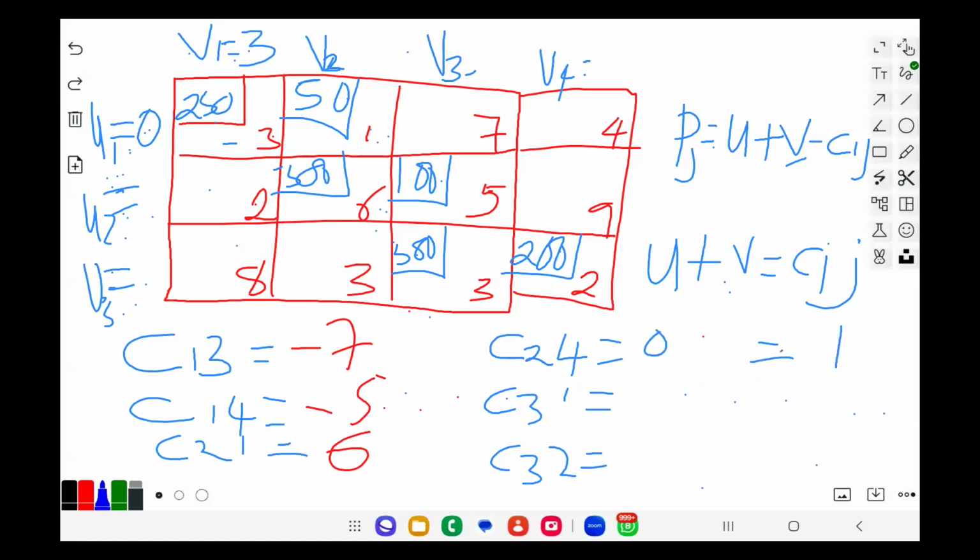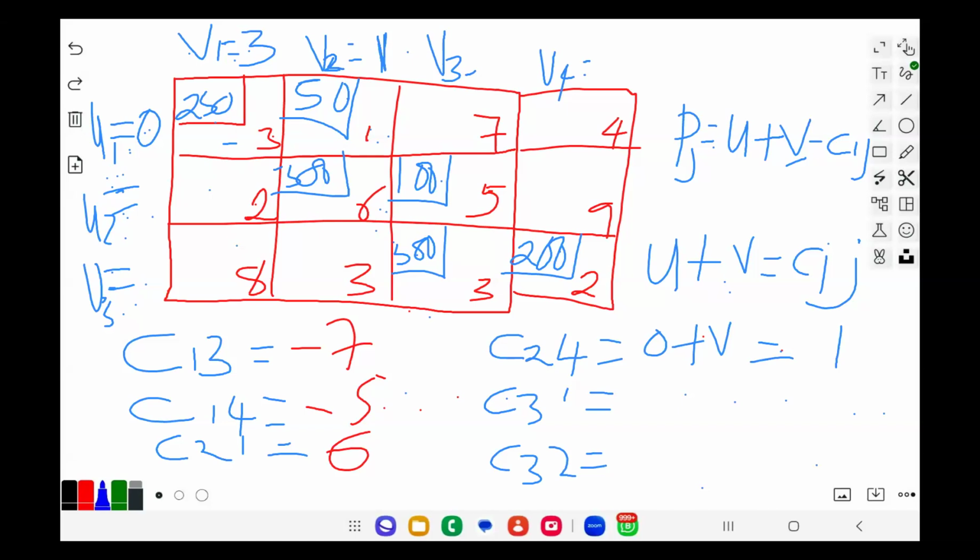Your U is 0 in this row. We are still dealing with the first row where U is 0. So 0 plus V, V you don't know in this case. So what number can you add to 0 so that you get 1? V2 is equal to 1. Okay, then we are done with the allocated cells in the first row.